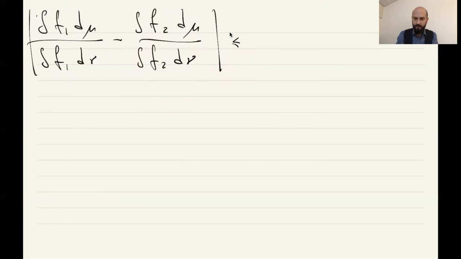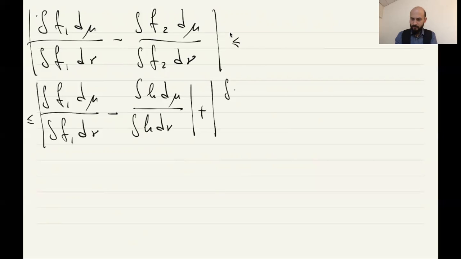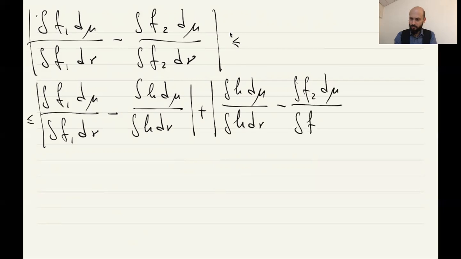So this is less than the integral of f1 d mu over the integral of f1 d nu minus the integral of h d mu over the integral of h d nu, plus the integral of h d mu over the integral of h d nu minus the integral of f2 d mu over the integral of f2 d nu. Applying twice the inequality before, we have epsilon.